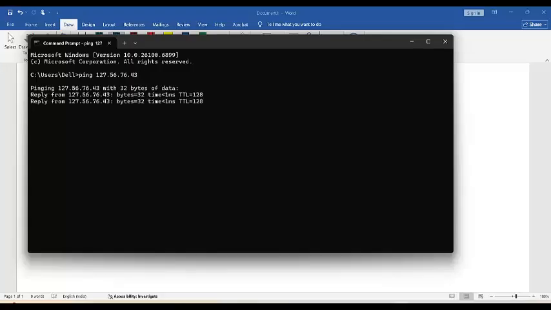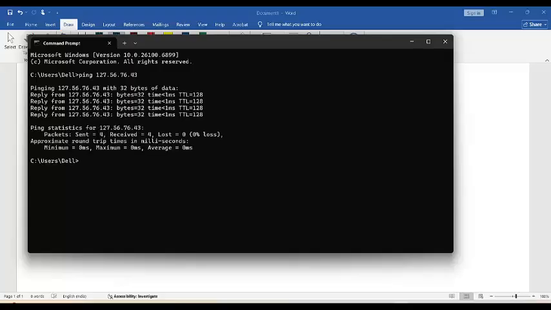I'm getting a reply as if there is a computer with this address. Is there any computer? No. I tried giving 127, it didn't accept. Then who is responding? When my PC sent 4 packets, it received a reply.